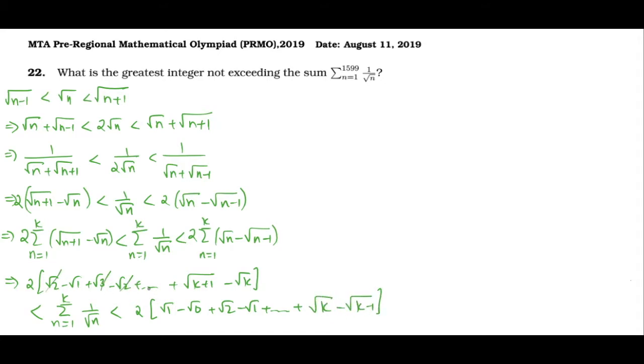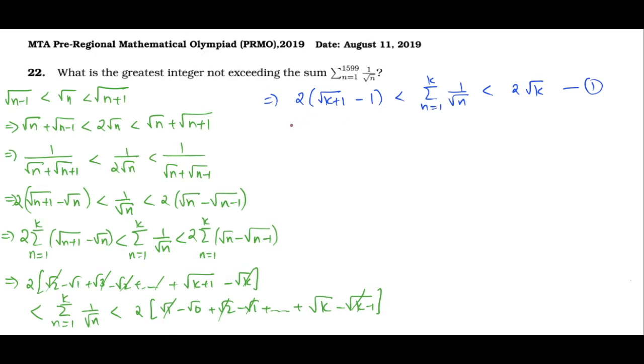Lots of terms will get cancelled off here as well. After simplification, we get twice of root k plus 1 minus 1 less than sigma 1 by root n, n is equal to 1 to k, less than twice of root k. Let's call this result 1.